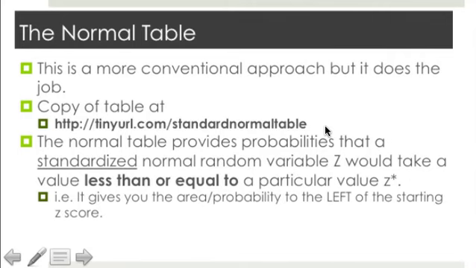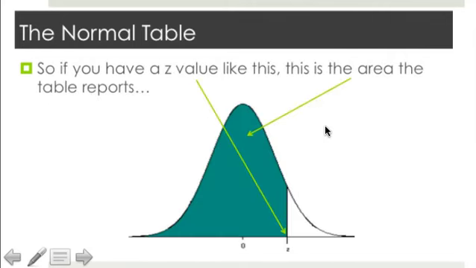A picture might be useful here. If you have a z-score like this, let's say, then the table is going to report to you the area to the left of that z-score. So the normal table is always going to tell you the area to the left, and that's important for some of these problems that we're going to see later.